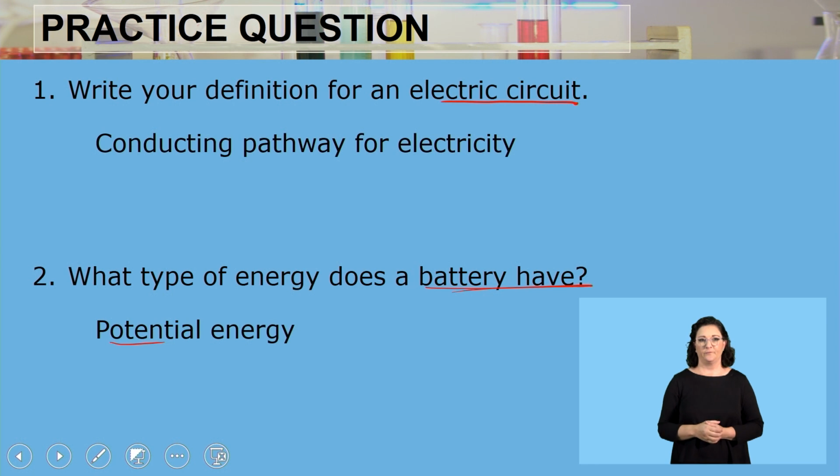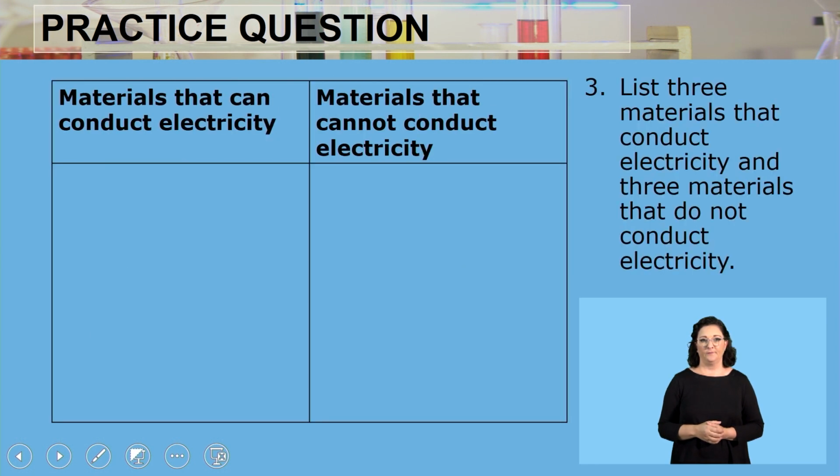Next question. Now, we are supposed to list 3 materials that conduct electricity and 3 materials that do not conduct electricity. From the top of our head, the materials that do not conduct electricity, we know as insulators. First of all, we can say wood does not conduct electricity.